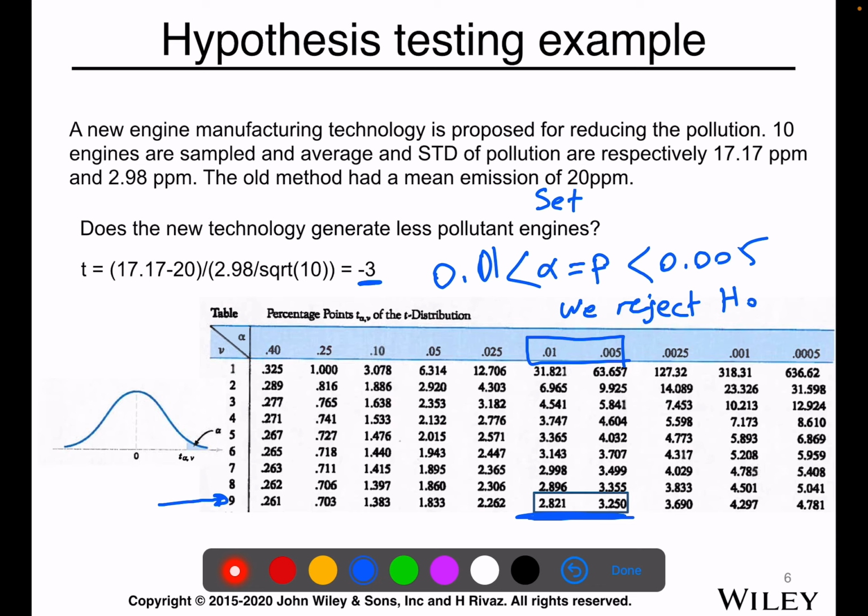Okay, so let's set alpha to a different number. A bigger number or a smaller number? Smaller number. So let's say set alpha to 0.01 instead of 0.05. That is now becoming more common in a lot of fields.